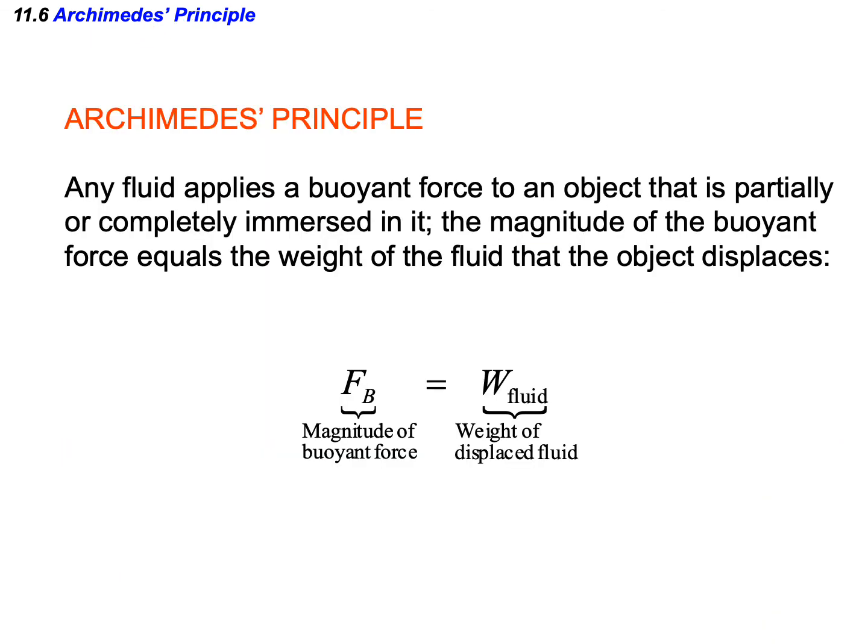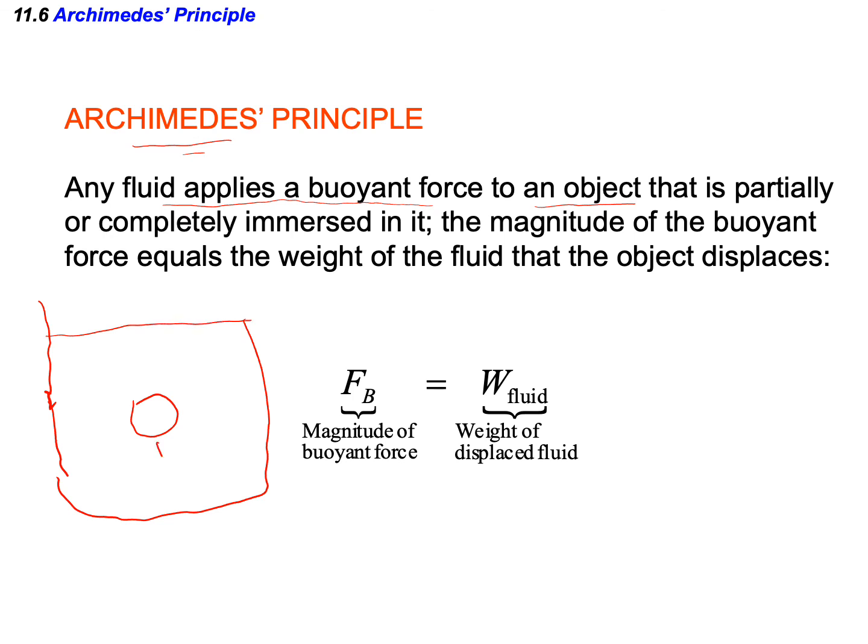Archimedes' principle says any fluid applies a buoyant force to an object that is partially or completely immersed in it. In the previous example, the object is completely immersed in the fluid.